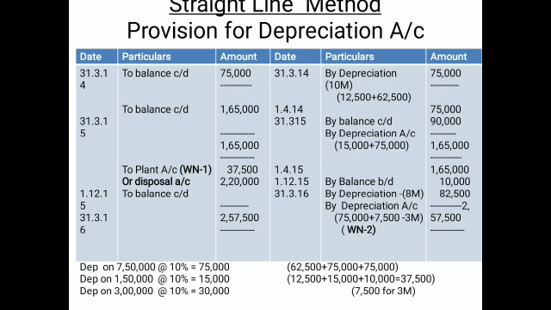The balance is now forwarded to the next year with the amount of 75,000. In the next year, because no machinery was purchased or sold, the depreciation is charged on the full value, 75,000 again, because the method is straight line. There is no change in the charging of depreciation, but the entry is to bank first, then charge the depreciation, and then the depreciation is transferred to the profit and loss account.